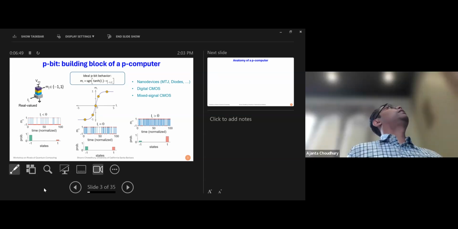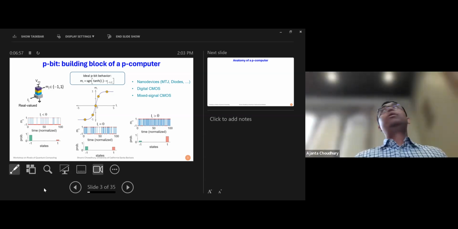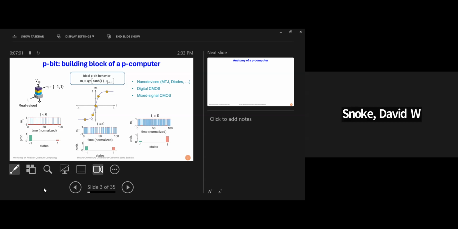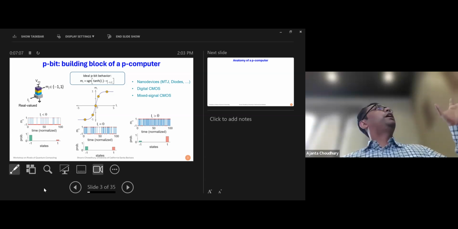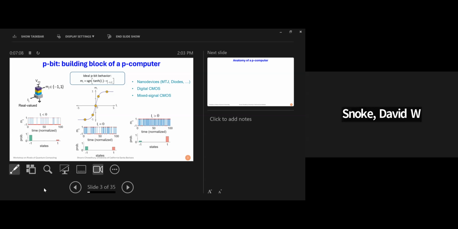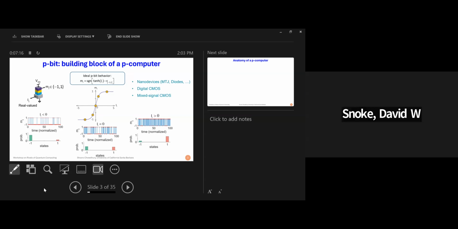We can use even digital CMOS and mixed signal CMOS. So there are many ways to do this. And every now and then I also see new device proposals for building p-bits. So another takeaway message from this slide is that p-bits are a random number generator which fluctuates between states 0 and 1. The rate of fluctuation can be controlled using external inputs.